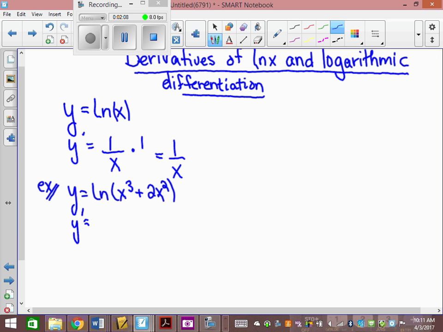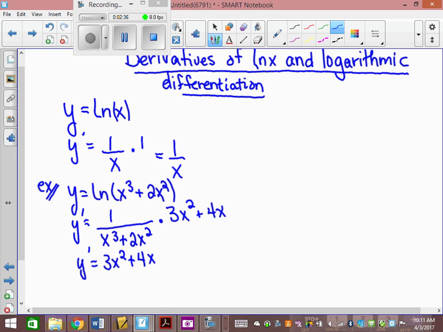So y prime equals 1 over what's beside the ln, and then you multiply it by the derivative of the bottom. What's the derivative of x cubed plus 2x squared? 3x squared plus 4x. So y prime equals 3x squared plus 4x over x cubed plus 2x squared.